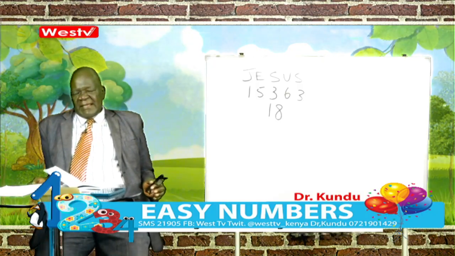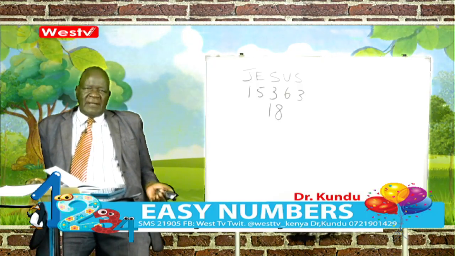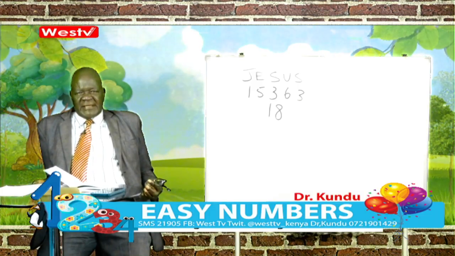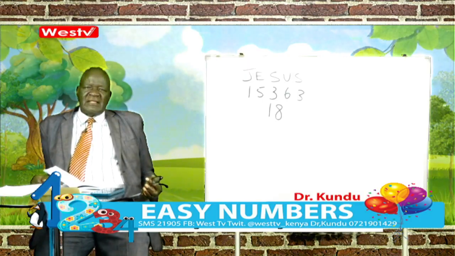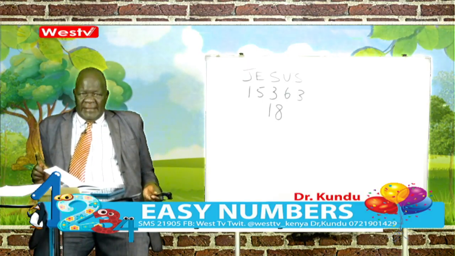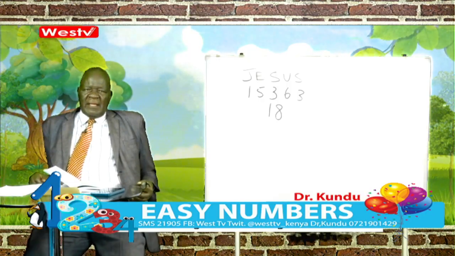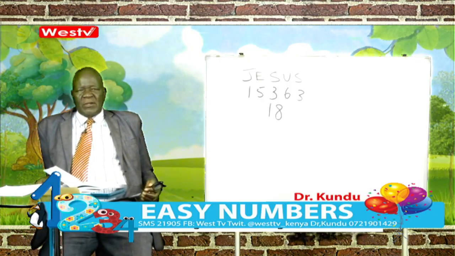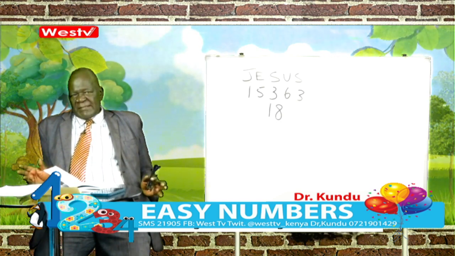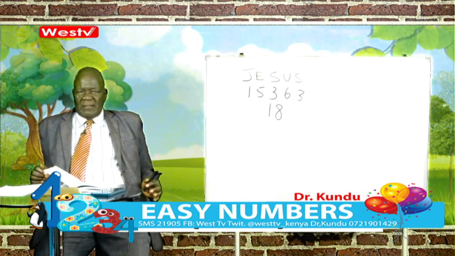A number like 19 is a compound number, and again it reduces to another compound, which is 10. 1 plus 9 is 10. So 19 is 2 compounds in one, and then 1 single number, which is 1. 10 is 1 plus 0 reduces to 1.